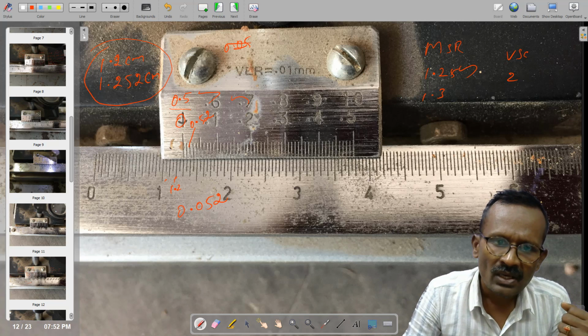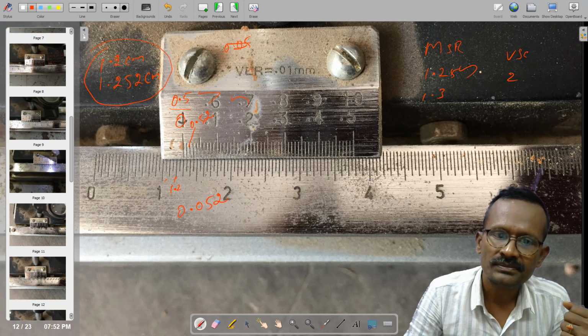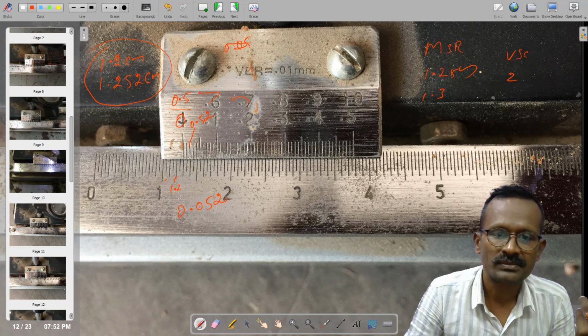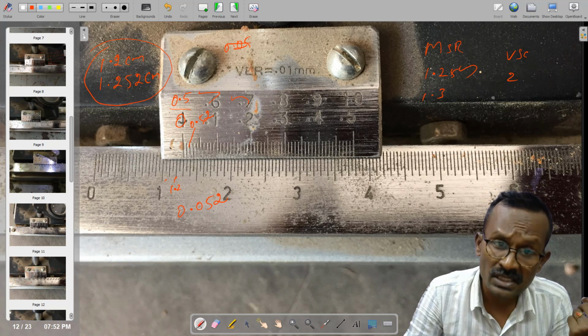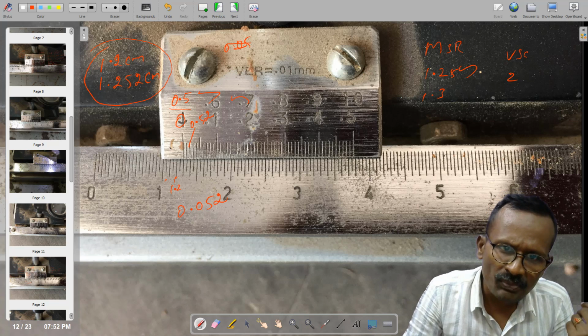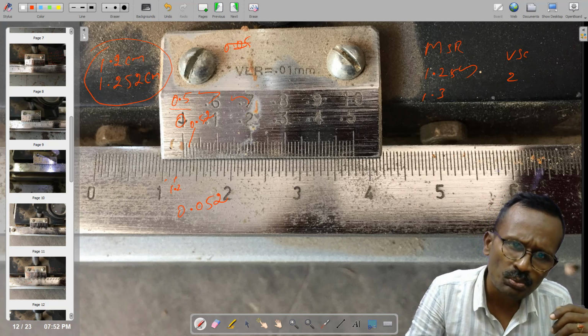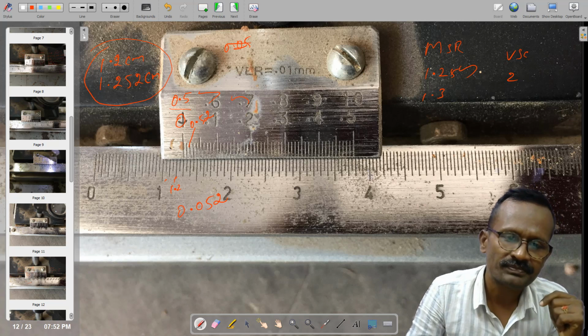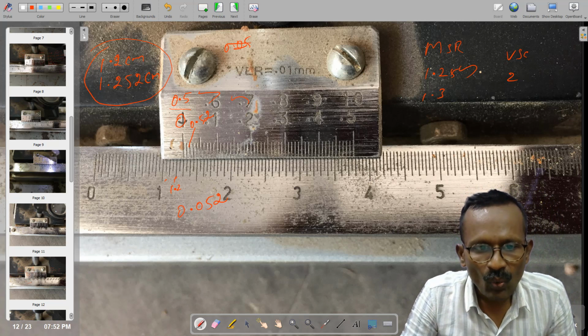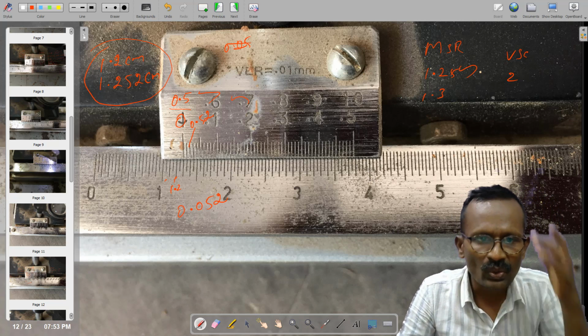Then 0.01, 0.02, 0.03, 0.04, 0.05, 0.06, 0.07, 0.08, 0.09, 0.1. So if you consider this as 0.6, this should be 0.5. So 1.2, 1.252.